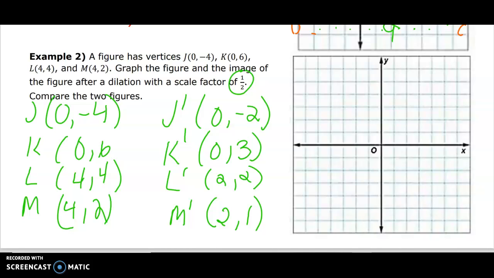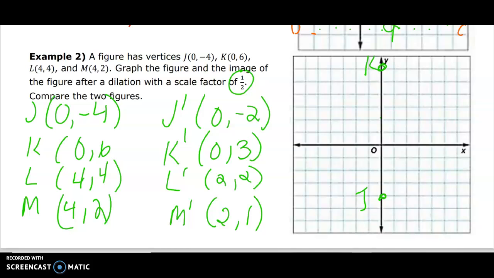Alright, 0, negative 4. There's my J. And K is 0, 3. Oops, sorry. K is 0, 6. L is 2, 2. Like a ballerina. Sorry, L is not 2, 2. I was looking at my prime.